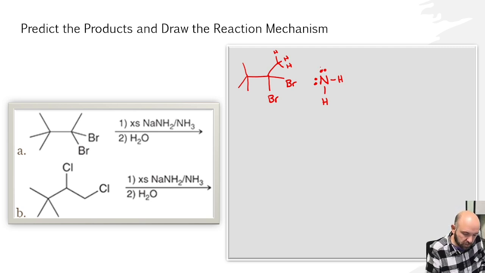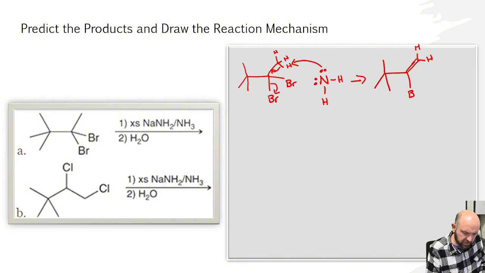So we will have proton transfer. This pair of electrons in that bond will move down there. And the first elimination reaction gives us this product.